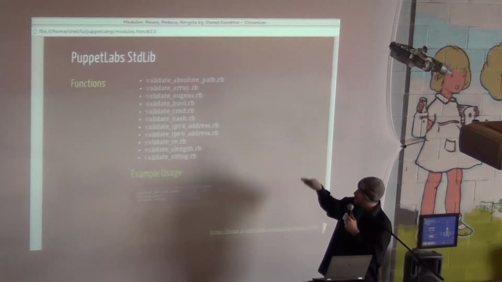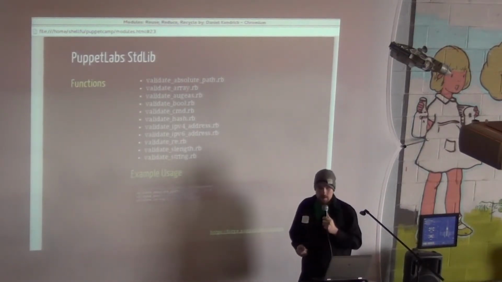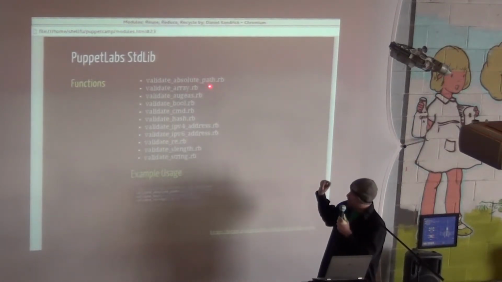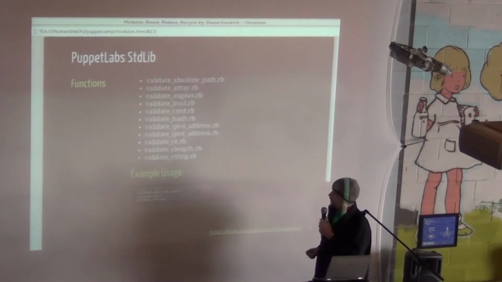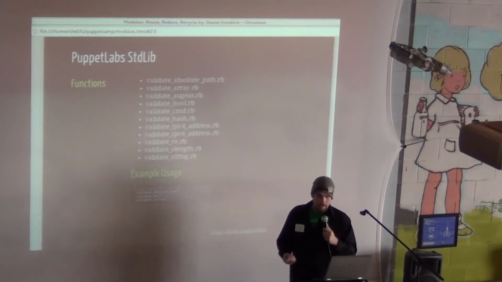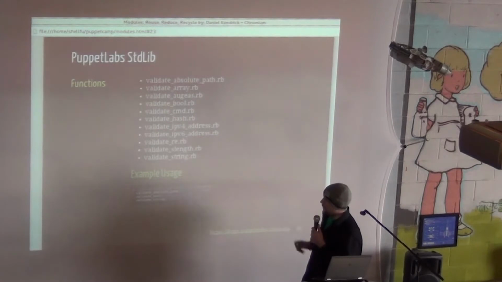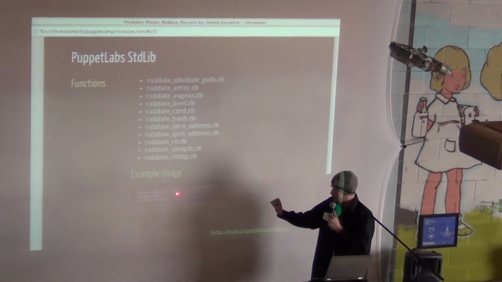And here's some of the validation functions that it has. You can see that it has quite a bit. Validate absolute path, validate array, validate bool, validate cmd, validate hash, validate IP addresses, validate regex, validate string, and validate string length. Here's some example usage. It's very, very simple.